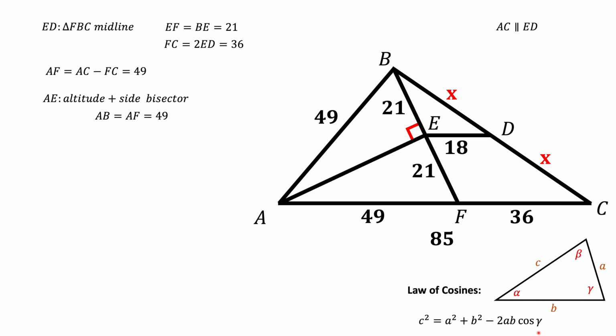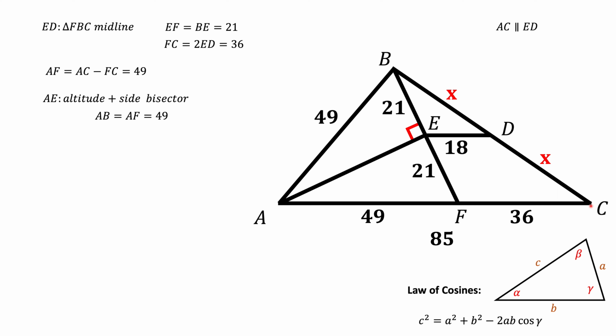So what we can do, we can use the triangle ABF, and I know all three sides of this triangle, to find the cosine of angle A by simply using the law of cosines, rearranging it a little bit, to find the cosine here, and then use this cosine of this angle and the sides AB and AC to find the third side BC. And that's what we're going to do.